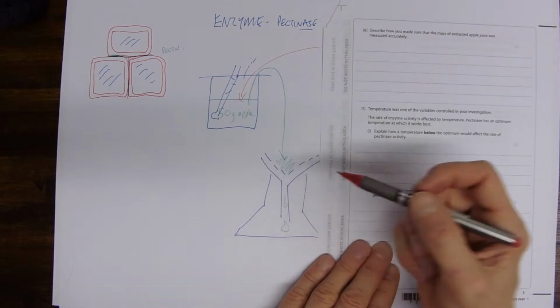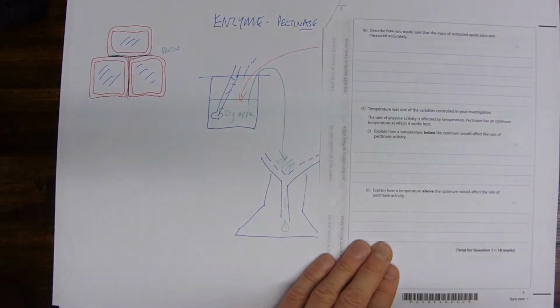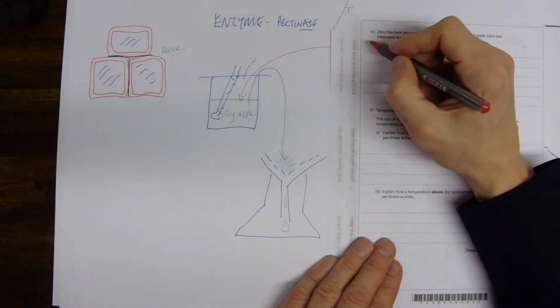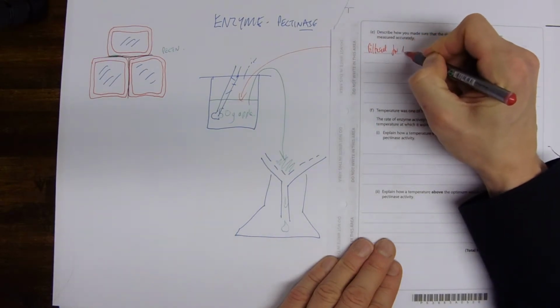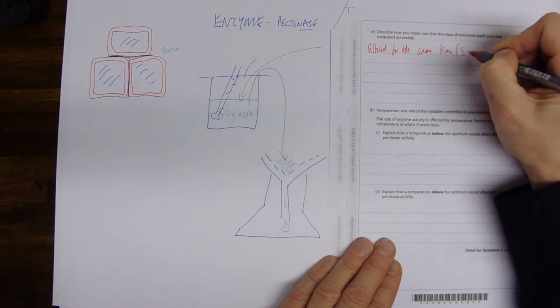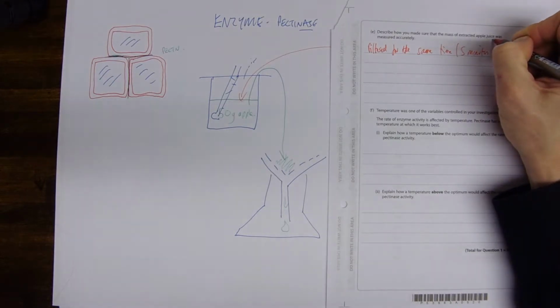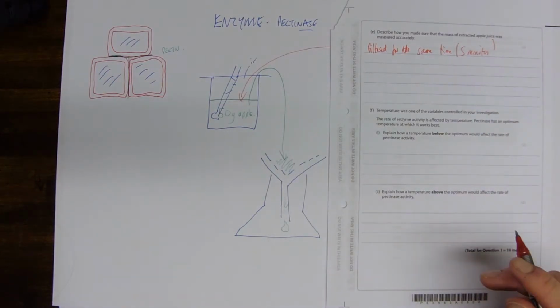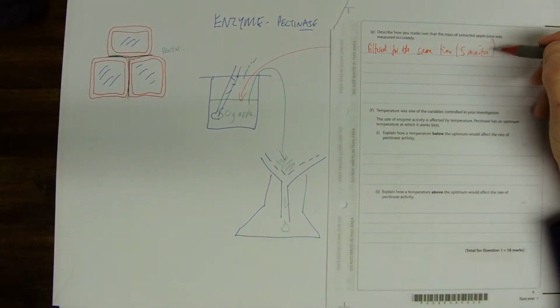Did it tell you how to filter them? Let's have a look. We filtered it, and it says after 5 minutes. So filtered for the same time, which was 5 minutes. So that's one of our marks.